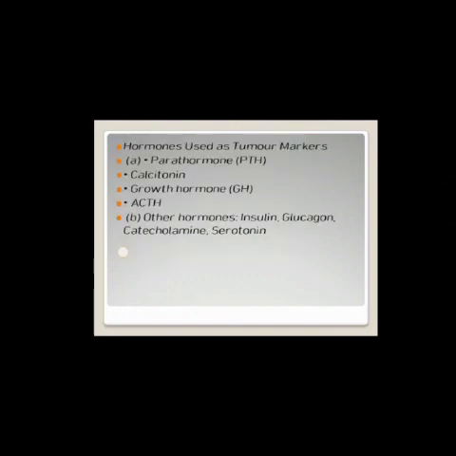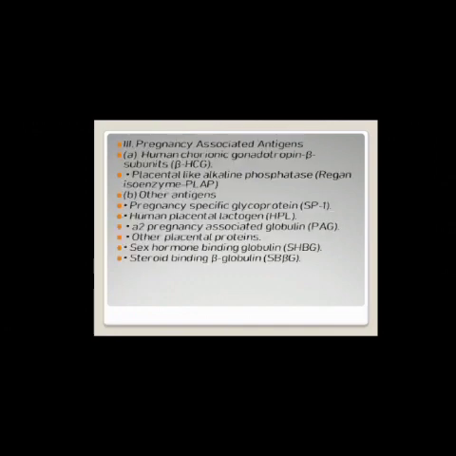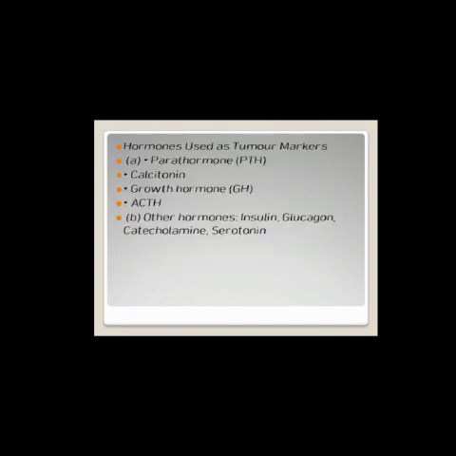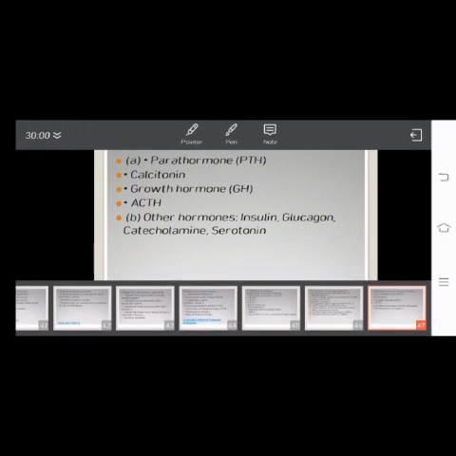These are all pregnancy associated antigens. Next, hormones used as tumor markers: PTH, calcitonin, growth hormone, ACTH, and other hormones such as insulin, glucagon, catecholamine, serotonin. These are all hormones used as tumor markers.